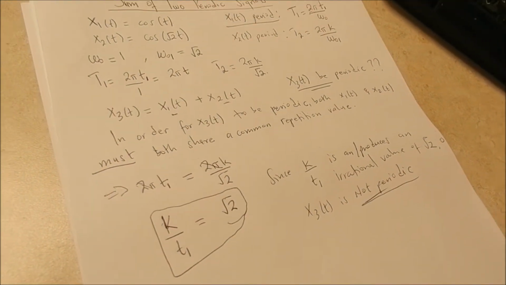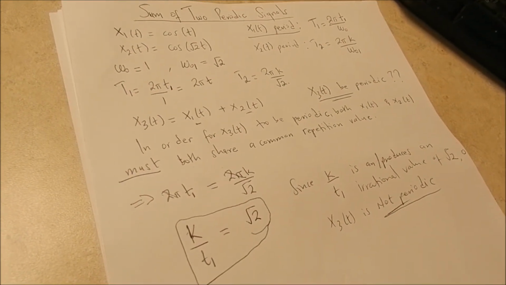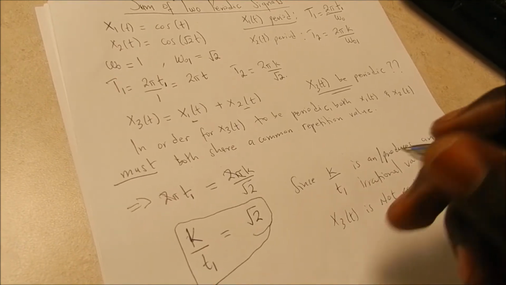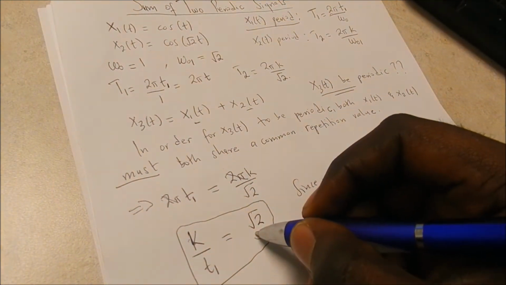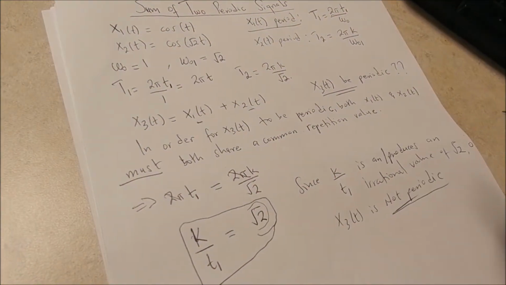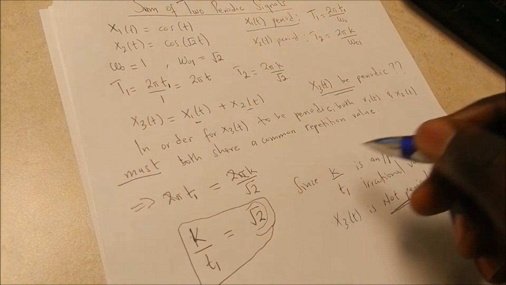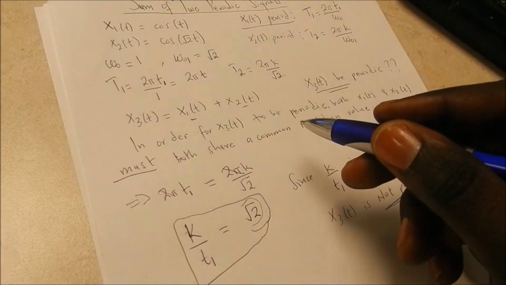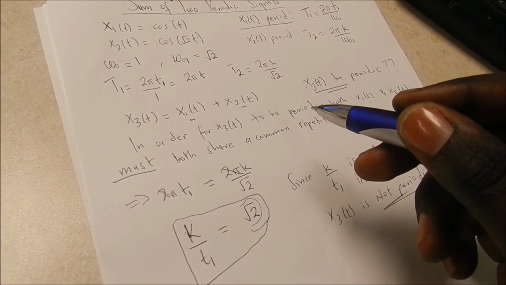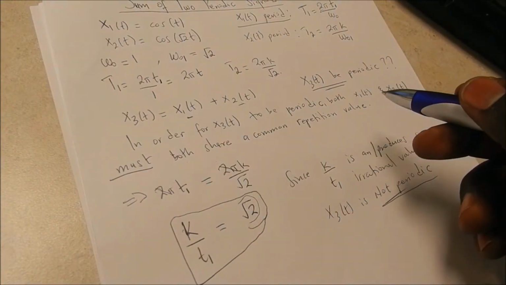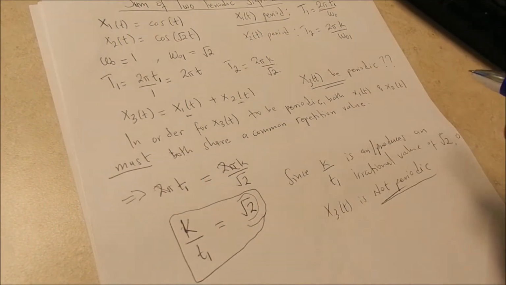It's not periodic because getting an irrational value of square root of 2 means x1 of t and x2 of t do not share a common repetition value.